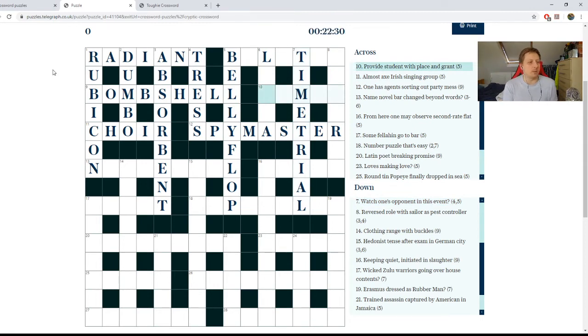Provide student with place and grant. Okay, student is going to be L with place and grant.